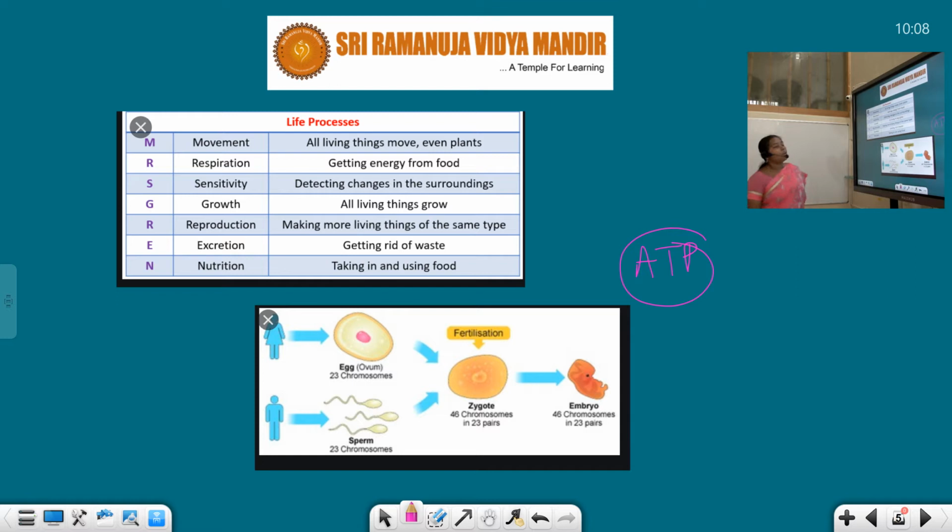Next, another life process is movement. All living things move. Even plants show some kind of movements.